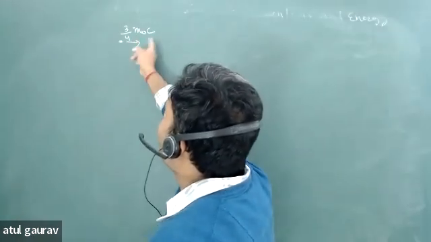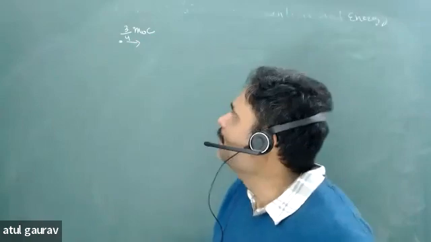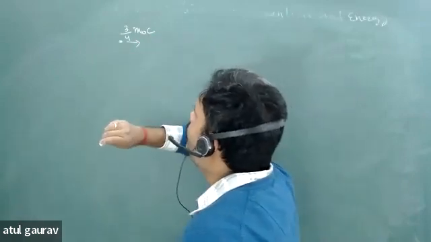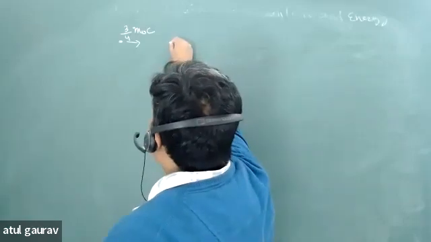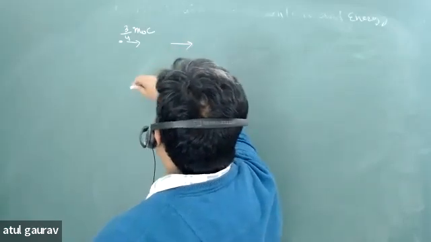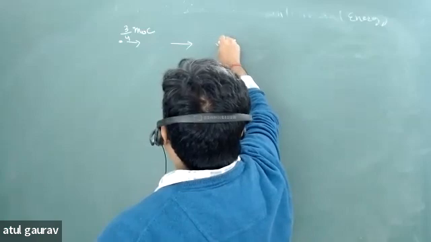So this is 3/4 m naught c. So this is your pion, and m naught is the rest mass of the pion, which completely decays into 2 photons.